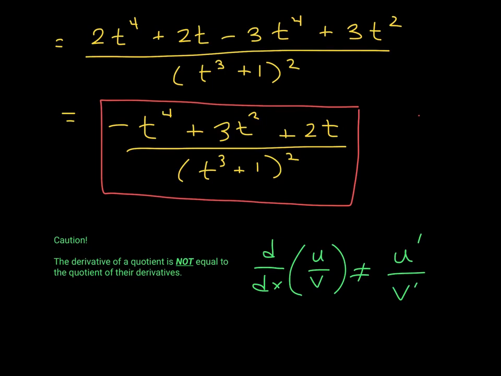Actually, I don't like the way I wrote it. Hold on, folks. Let me change the left-hand side and maybe even make it a little more simple. So it'd be the derivative of this quotient. There, that's better. The derivative of this quotient is not equal to the quotient of their derivatives. Okay, so just be careful.